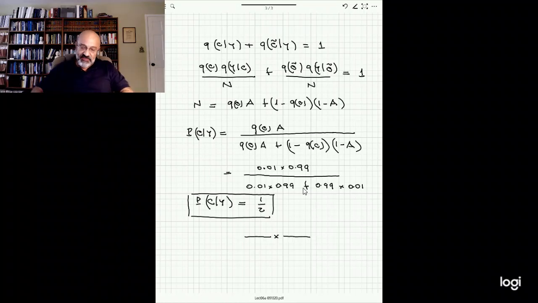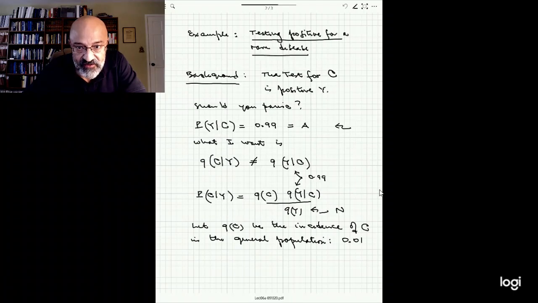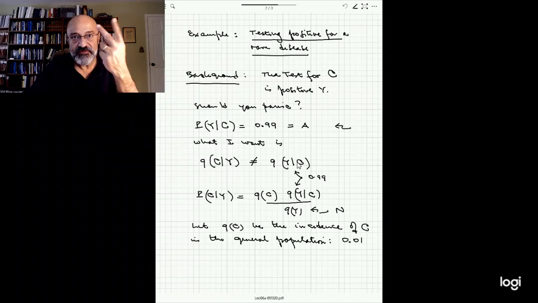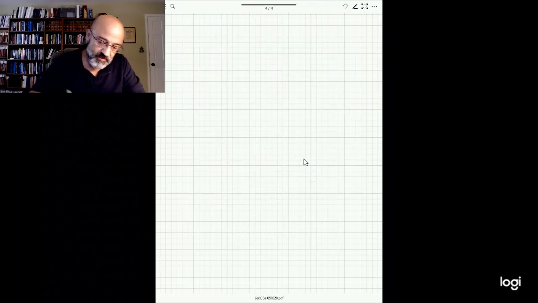Very good. Did you see that the confusion arose from confusing the probability of C given Y and the probability of Y given C? It's very easy to confuse those two. The confusion is normally called the prosecutor's fallacy.